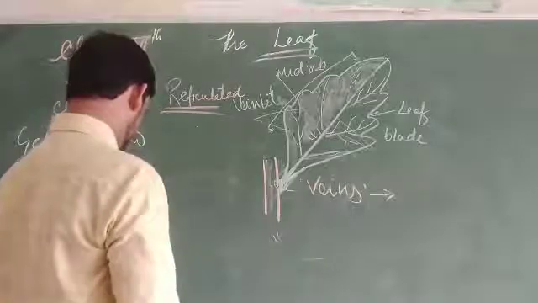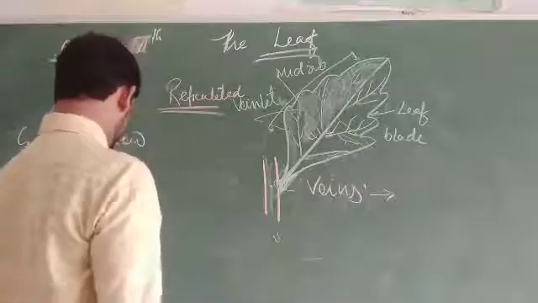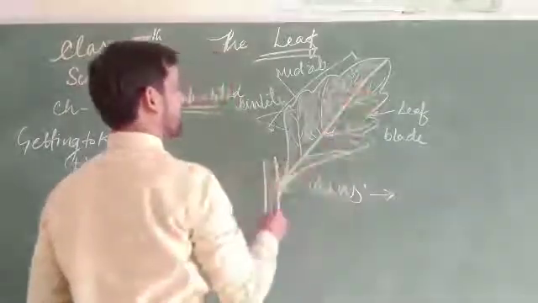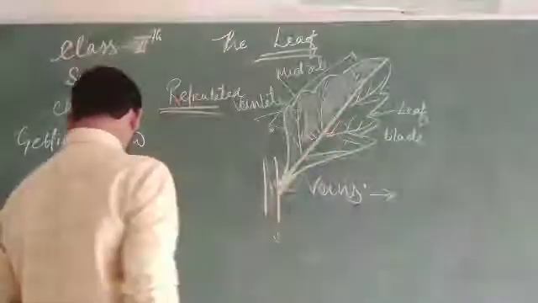The thin vein in the middle of the leaf is called the midrib. This one is called the midrib.